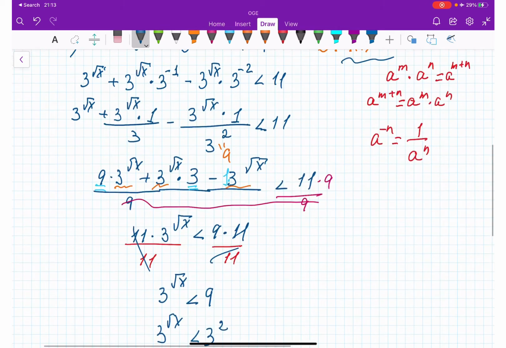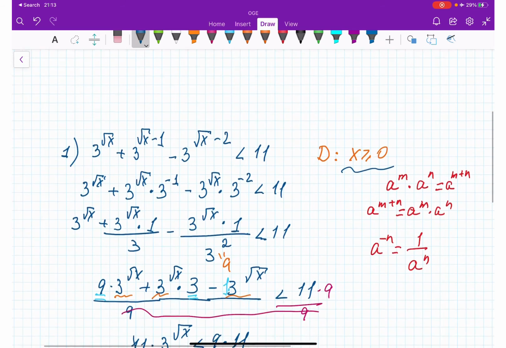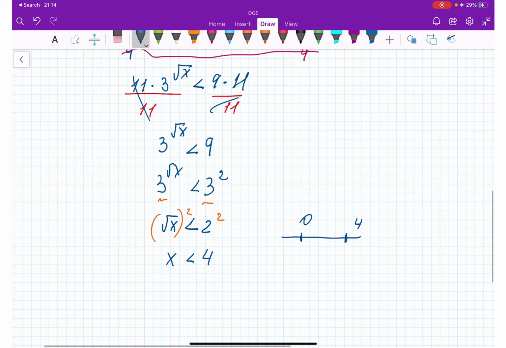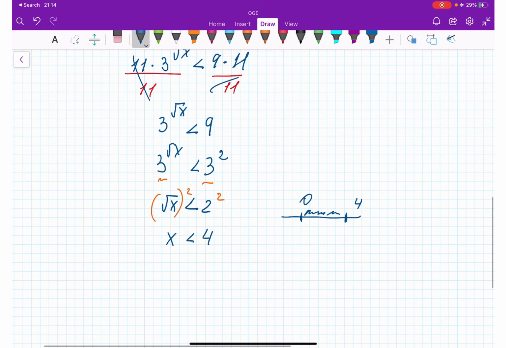Greater or less than 0, we have to get it positive. Yes, x is greater than 0. So I'm taking this part. So let me take 1. What do I get? The 1 is greater than 0.